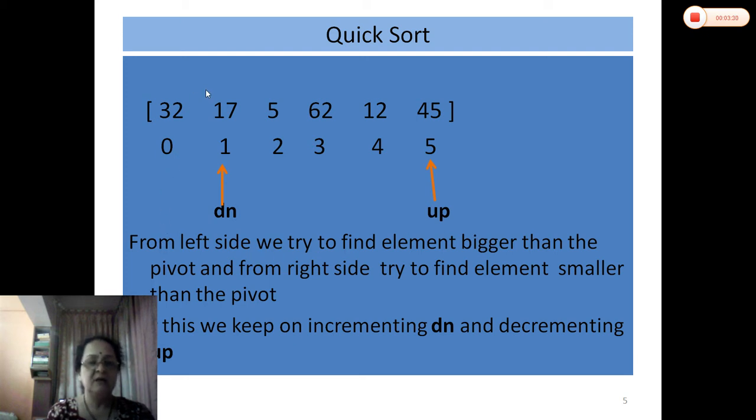I already mentioned that we are assuming the very first element, that is 32, as the pivot. And from the right side, we try to find an element which is smaller than the pivot, that is 32. Appropriately, we move the down pointer towards the right side and we decrement the up pointer to the left side.